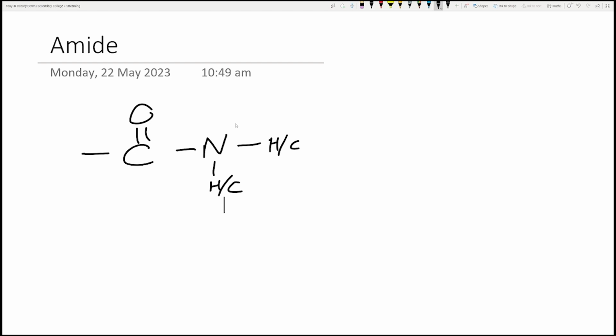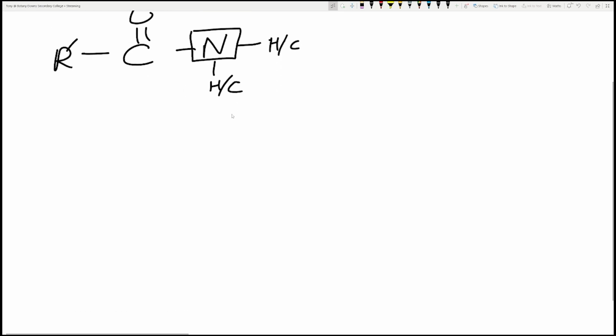Let's just go through the naming. Don't forget that carbon only bonds 4 times. So let's have a look at this. If I give you something like that, just like all carboxylic acid derivatives, I'll give you something really simple.